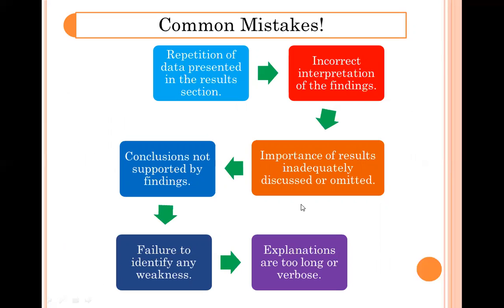Sometimes they give very long, verbose explanations. Sometimes they fail to identify the weakness; they don't find out the weakness of their research study. And sometimes they simply give some conclusions without providing supporting findings. You should have very strong findings. Based on that, you should establish the conclusion for your research work.